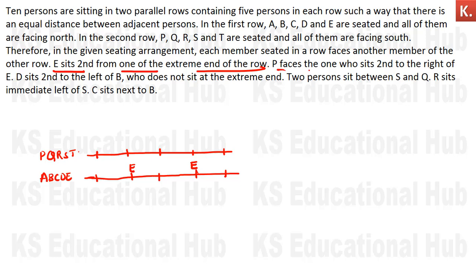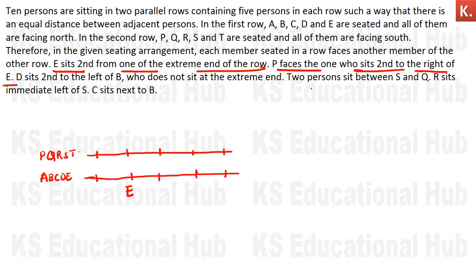The next one is P faces the one who sits second to the right of E. So the person who sits second to the right of E will be facing towards P. If E is here, there is no second right. Are you able to follow? If E is here, there is no second right, so this possibility would not follow. E has to be at this particular place. Okay.